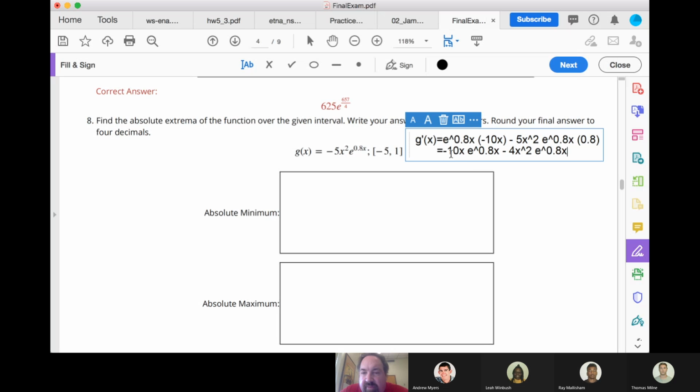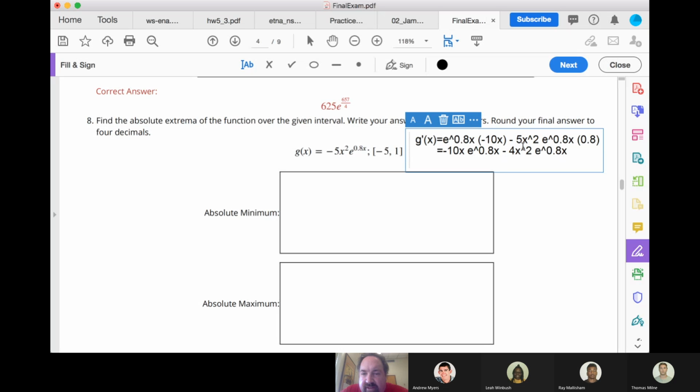Now, we need to set this equal to 0. In doing that, it's easier to figure out where it's equal to 0 if we factor out whatever we can. Notice there's an e to the 0.8x that can be factored out, and then there's an x in each term that can be factored out also.